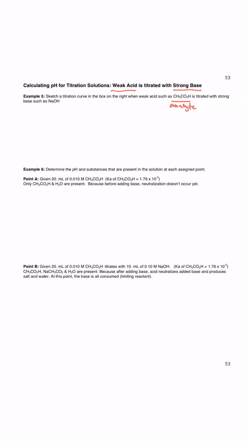So in this case, sodium hydroxide will again be the titrant. Therefore, the graph that we will plot would be the pH of the analyte, or the pH of the solution in the Erlenmeyer flask, plotted against the volume of the titrant, which is sodium hydroxide.